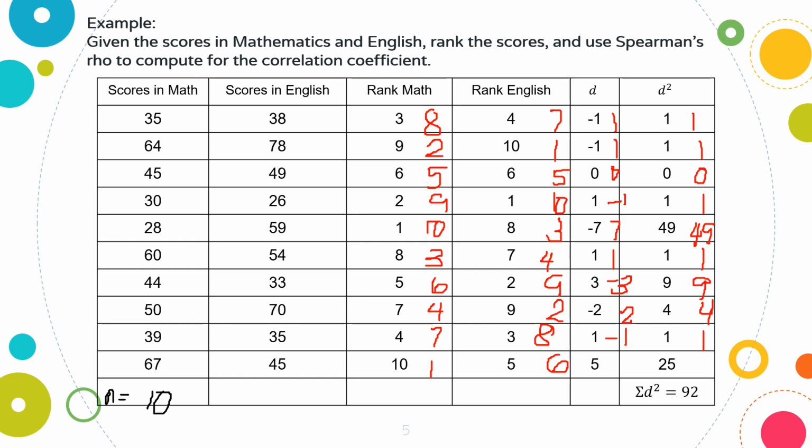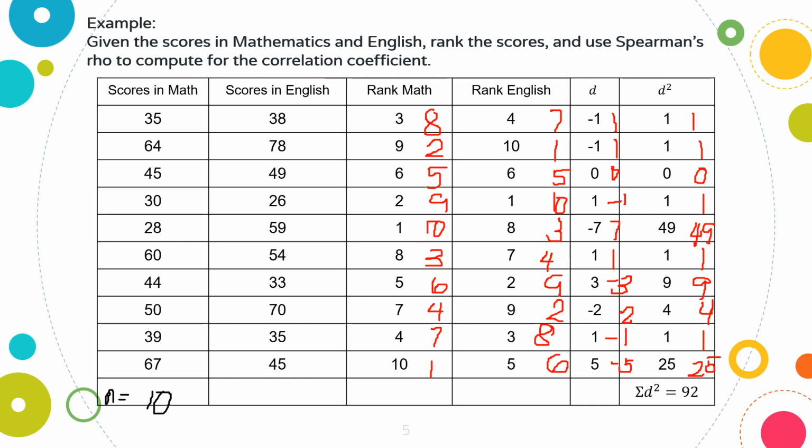And 1 minus 6 is negative 5, squared is 25. Okay, same lang yung nakuha natin. So the summation of D squared is 92.